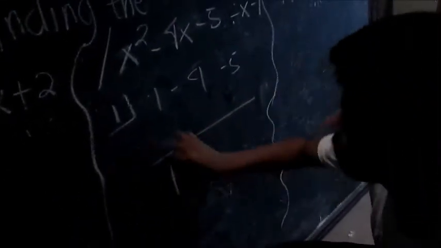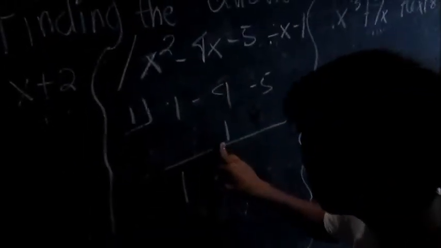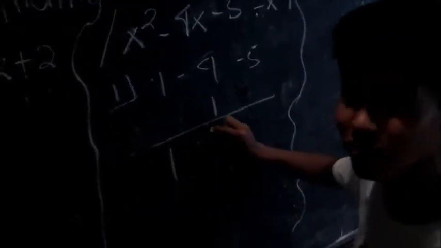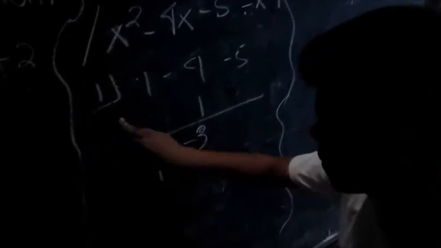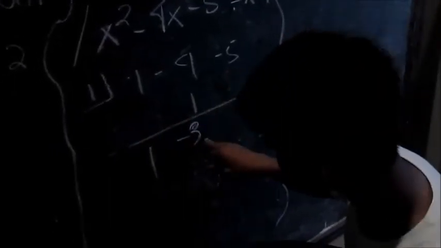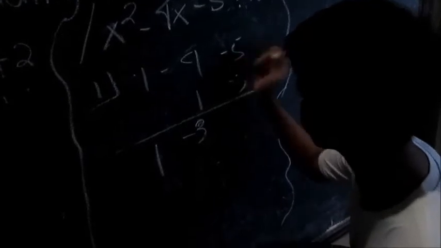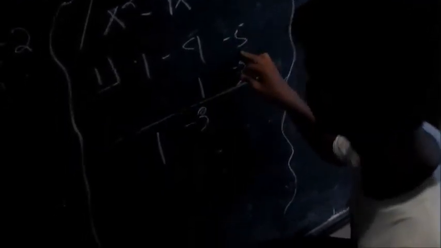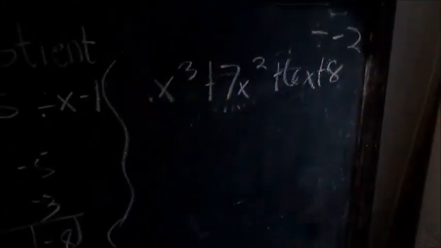Bring down 1. 1 times 1 is 1. Negative 4 plus 1 is negative 3. Negative 3 times 1 is negative 3. Negative 5 plus negative 3 is negative 8. So we have a remainder of negative 8.